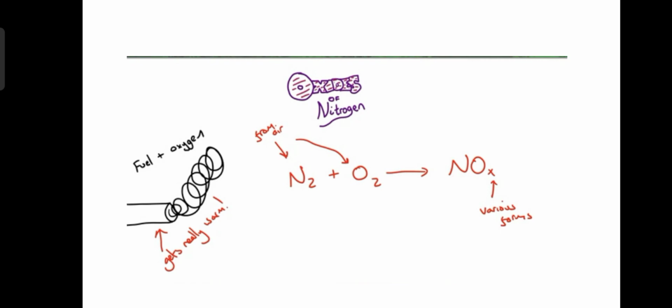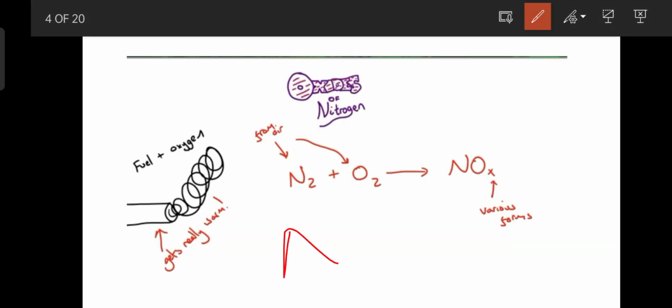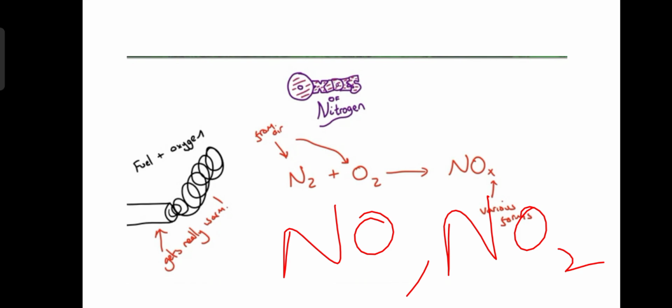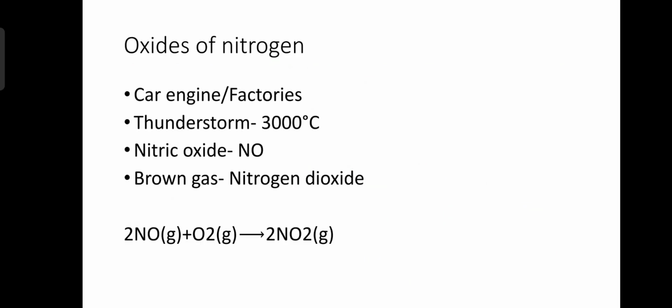It can be nitrogen monoxide, that is NO, and it can be nitrogen dioxide, that is NO2. In a car engine or chemical factory where temperatures are very high, nitrogen combines with oxygen in the air to form nitrogen monoxide or nitric oxide.